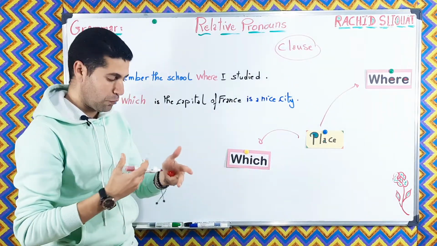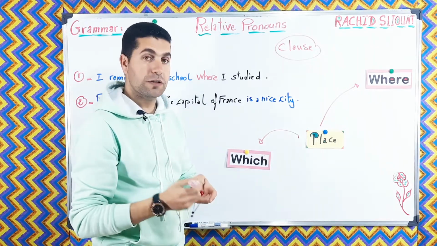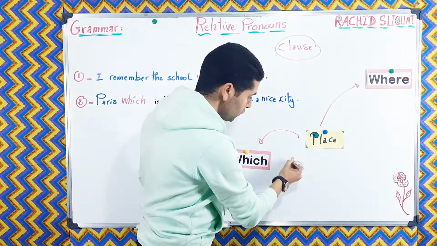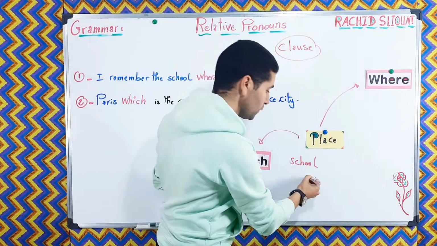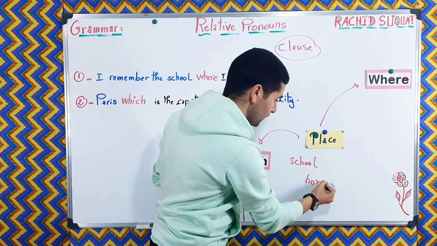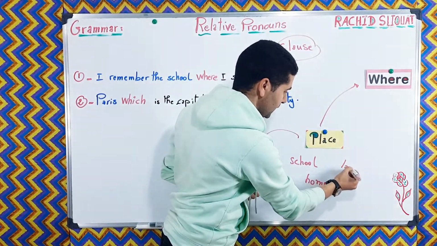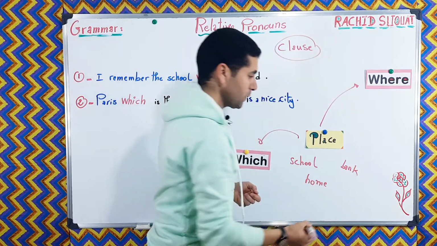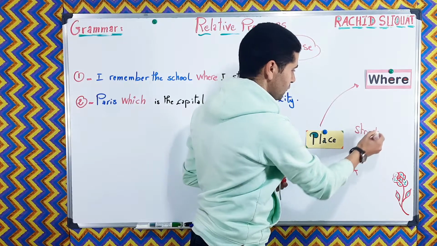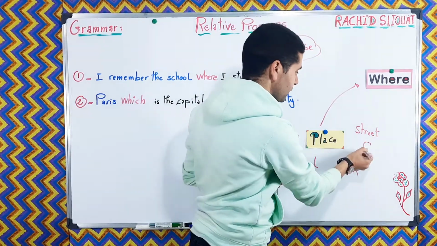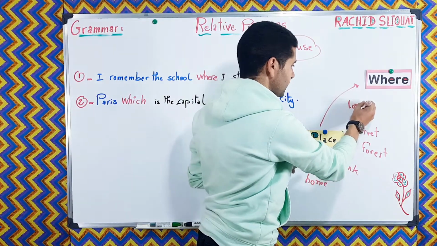When we talk about place, we can talk about something like school, home or house, a bank, a street, a forest, or a town.